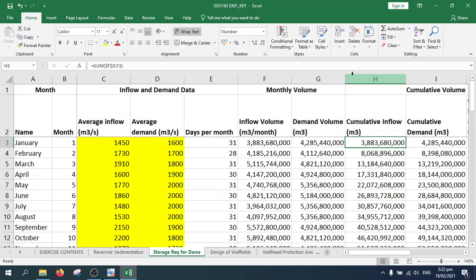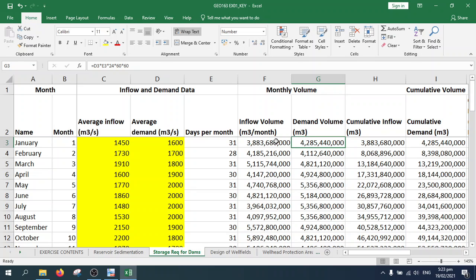right? So you might wonder why we don't just subtract the monthly demand from the monthly inflow, all right? If we just subtract the monthly demand from the monthly volume without taking into account the cumulative numbers, we are essentially just getting the deficit for that month.